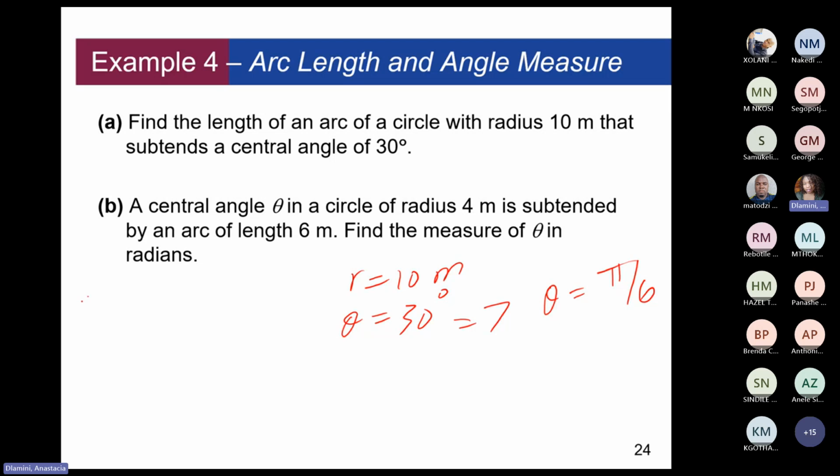I can give you two options. I can say S is equal to 30 times 10, and I give you S is equal to pi times 10.